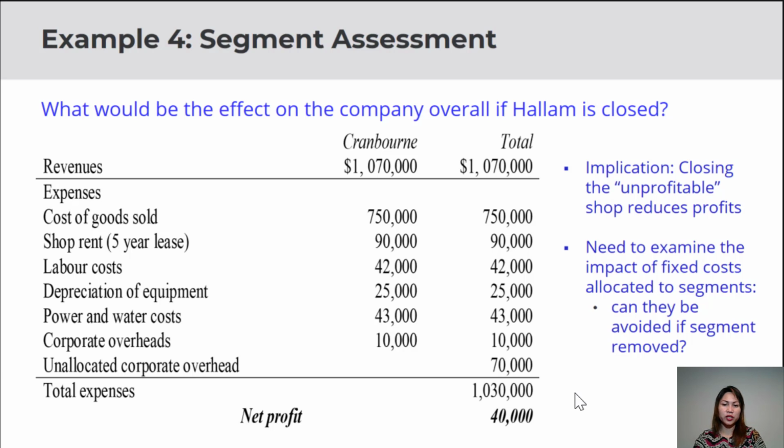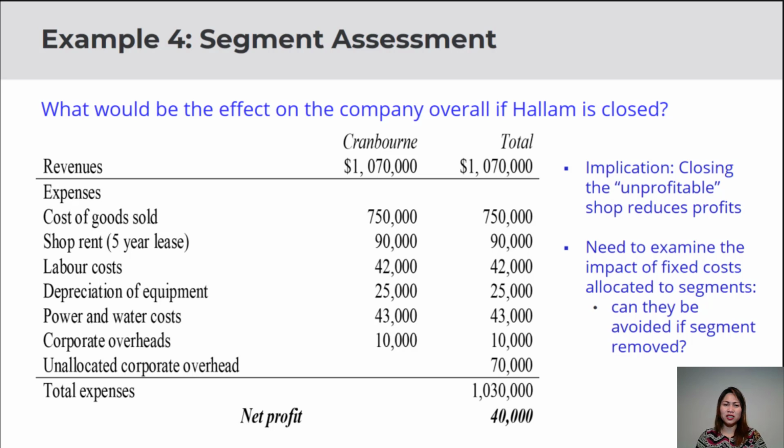The fixed cost that you allocated to each segment, just make sure that you can really avoid these expenses if you really want to drop this branch. However, remember, this is only based on quantitative analysis.